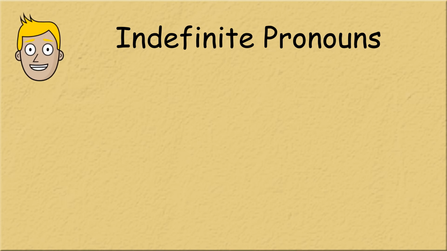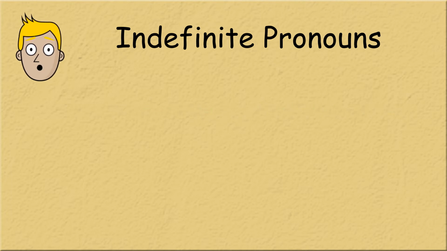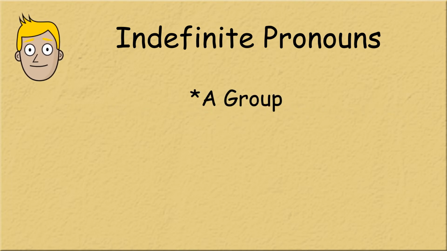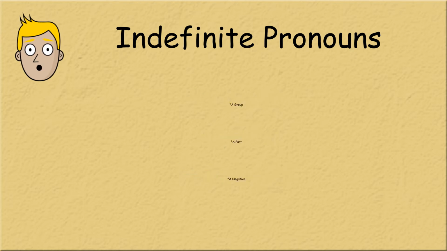We will look at some indefinite pronouns used for people, places, and things. The pronoun we use also changes depending on the quantity of our subjects. So we will look at examples of indefinite pronouns used for an entire group, a part of the group, and a negative instance. This might sound a little scary, but it's very easy once you see some examples, so let's shine some light on it.